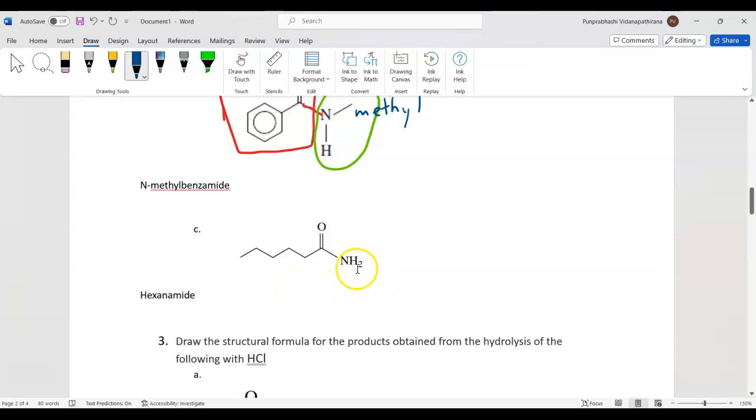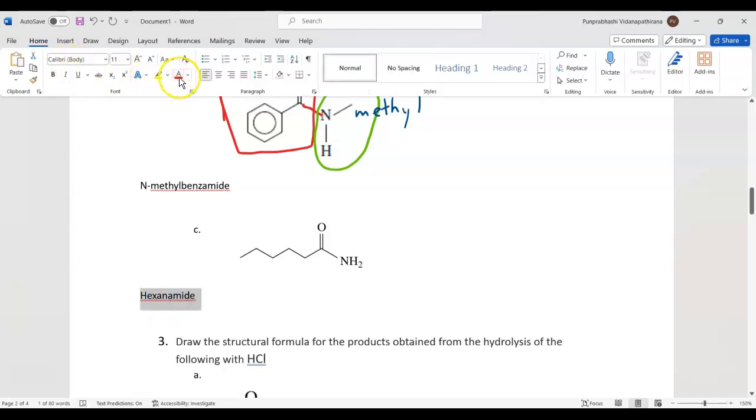And we don't need to worry about the amine here because there are no alkyl groups connected to the nitrogen. It's only 2 hydrogen atoms. So the name would be just hexanamide. So that's the correct answer.